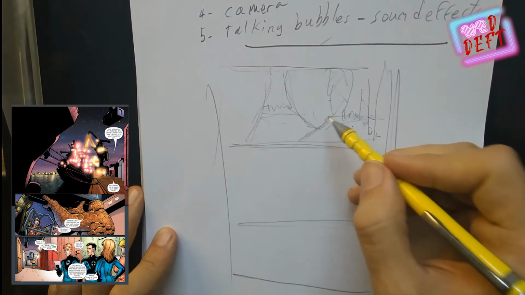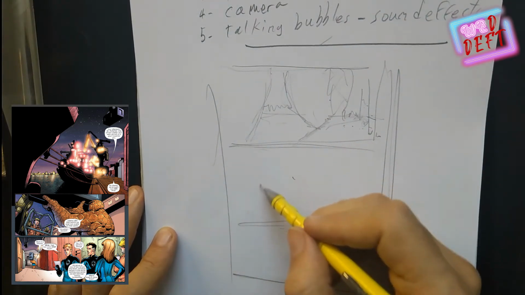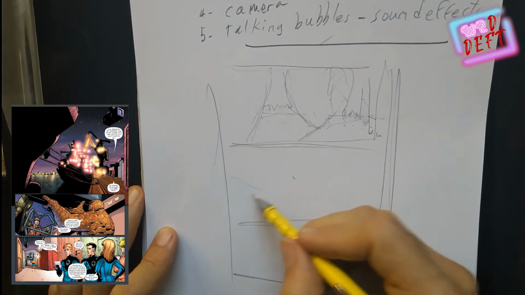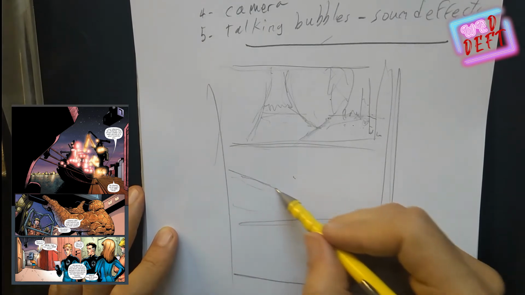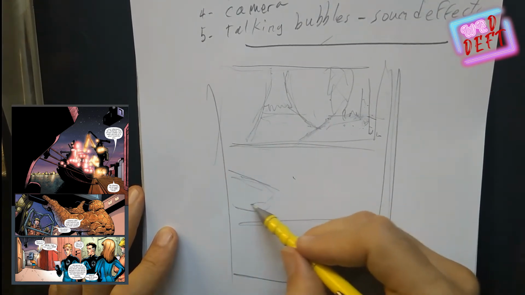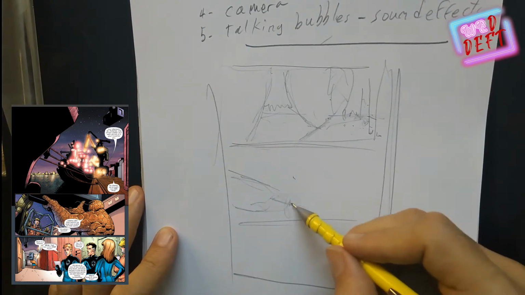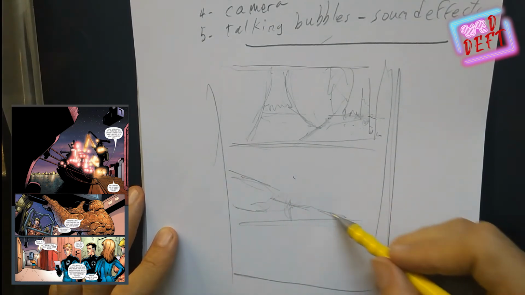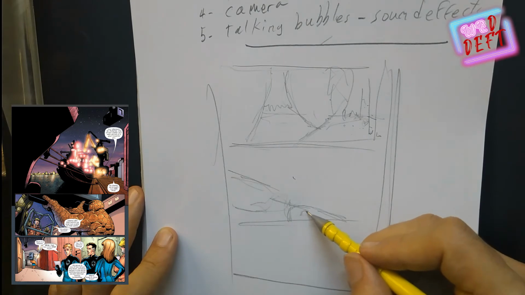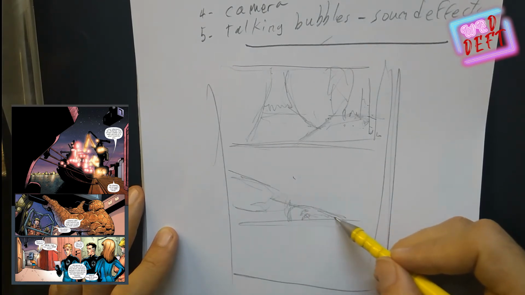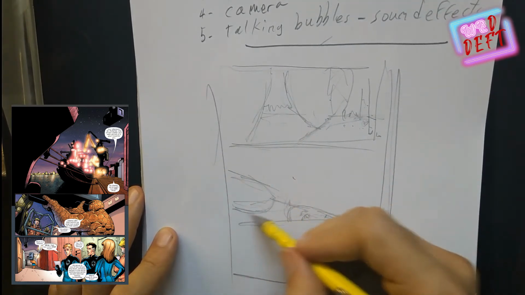So we're going to draw first thing the platform. We're going to make the platform, the ships, masses of ships, part appearing from the platform. Some details on the ships.